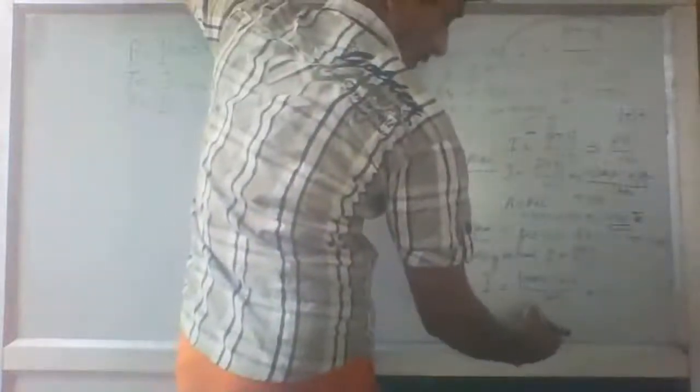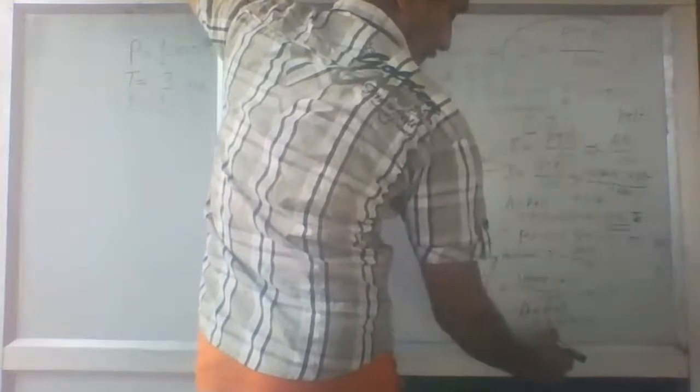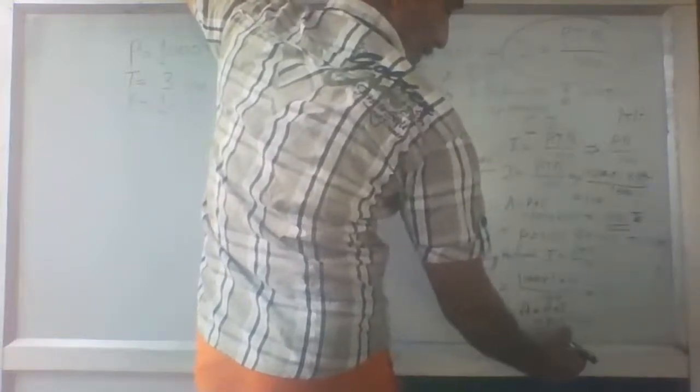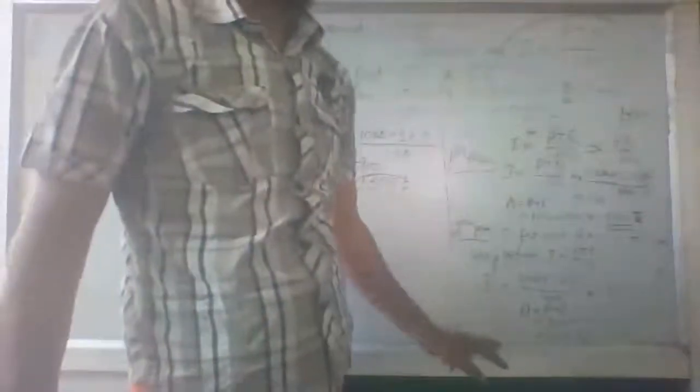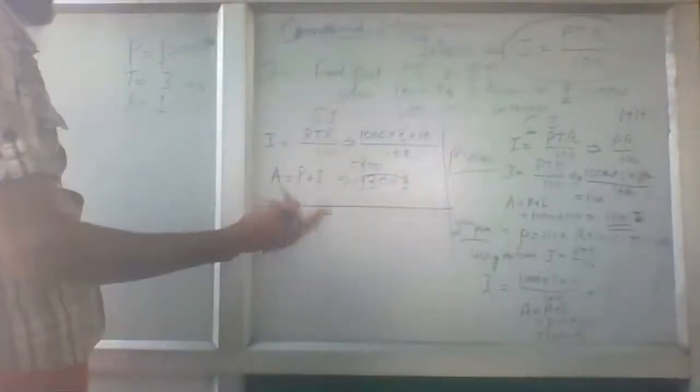So now the amount will be principal plus interest, that is equal to 1100 rupees was the principal, interest 110, and now this is converted to 1210 rupees. Now the amount for the second year will become the principal for the third year.